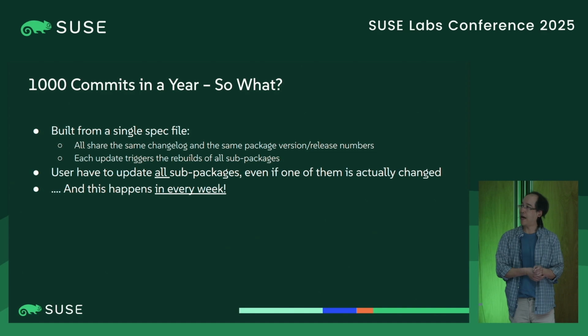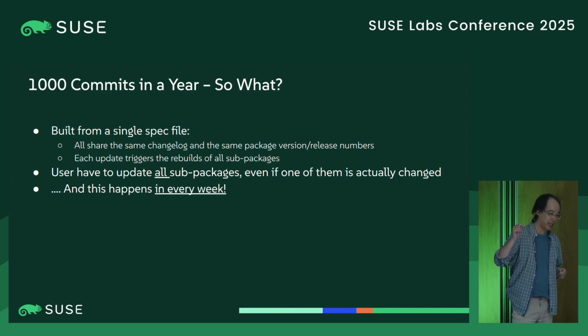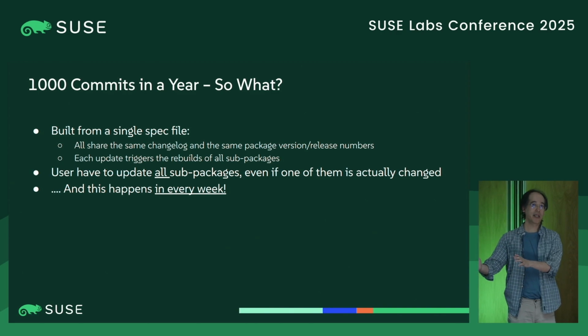The packaging of the kernel firmware in the state of 2019, we built from a single spec file for all the kernel-firmware sub-packages. That means if you receive an update in the Linux firmware Git tree, just one file out of the 4,000 files, it triggers rebuilds and updates of all over 30 sub-packages.